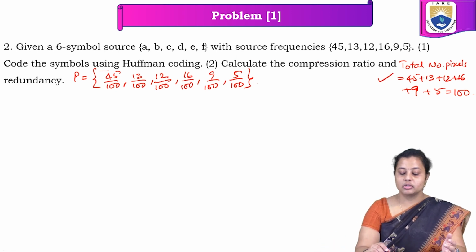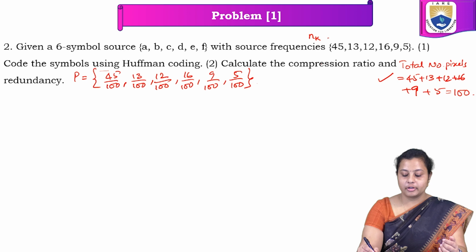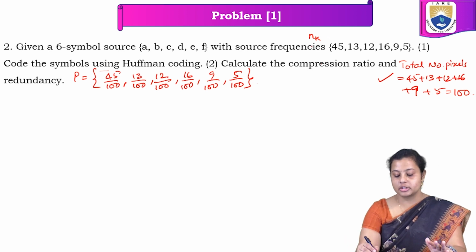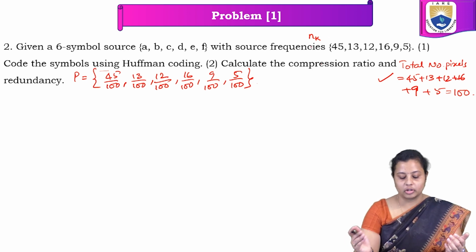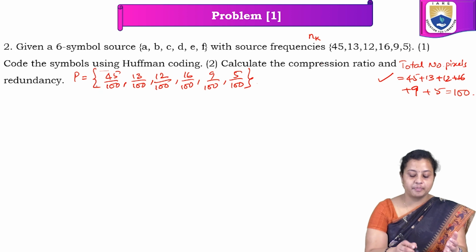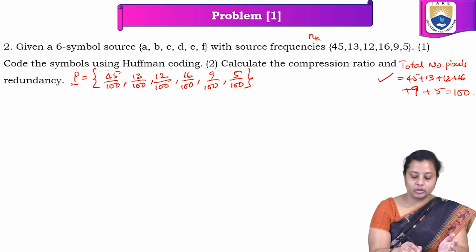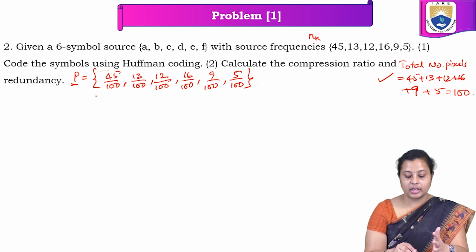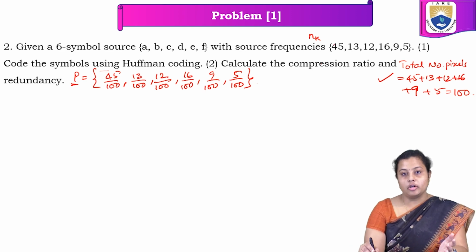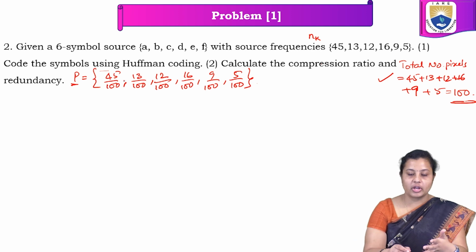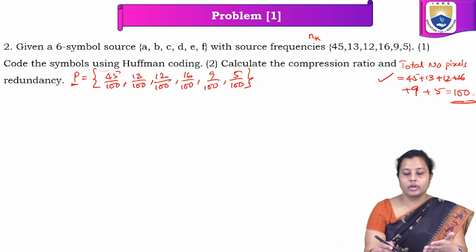Then these are the source frequencies, right? In terms of a histogram, it is like an unnormalized histogram. So we are trying to calculate the normalized histogram, which is equal to the probability of the symbol. That can be calculated by dividing the unnormalized histogram by the total number of pixels, right? So we have got 45 by 100, and so on.